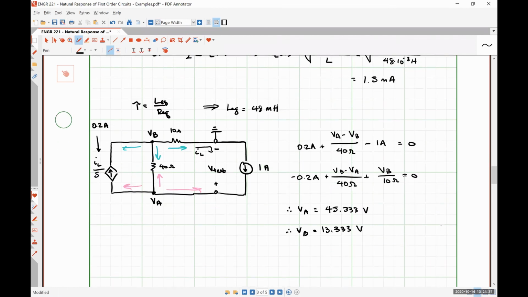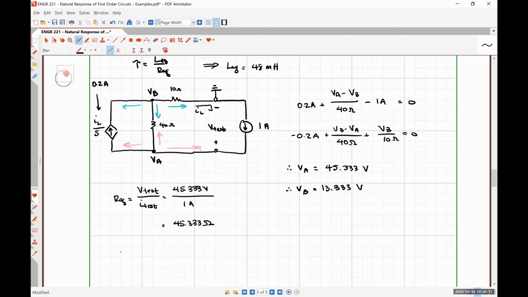So using all of this information, REQ is going to be V-test divided by I-test, which is 45.333 volts divided by 1 amp, which is 45.333 ohms.